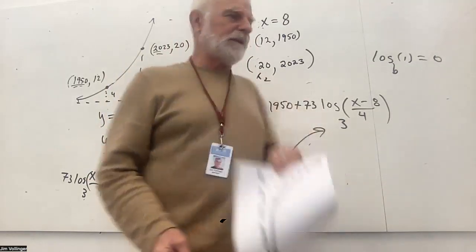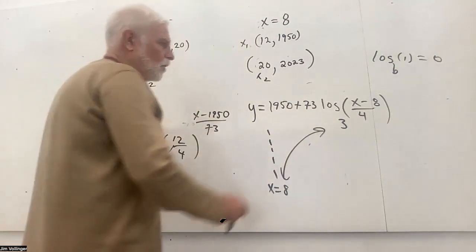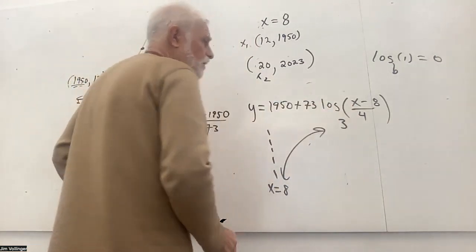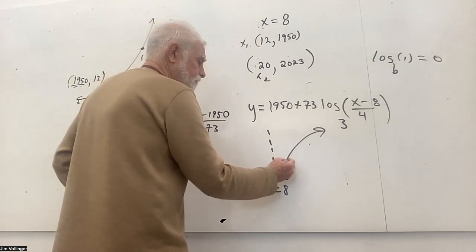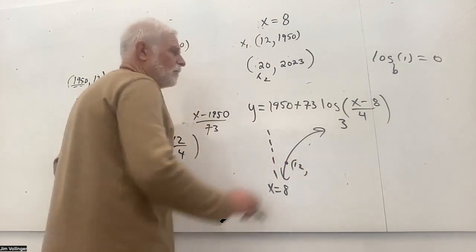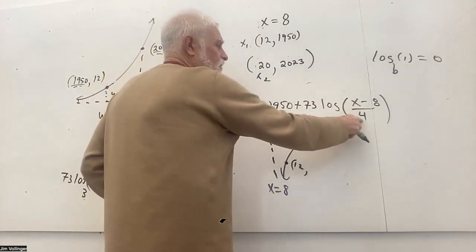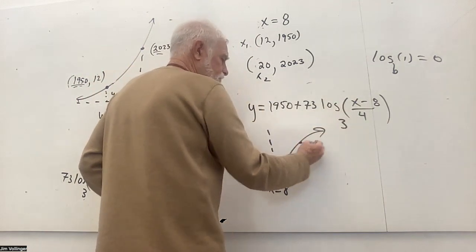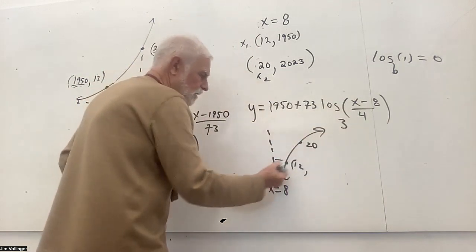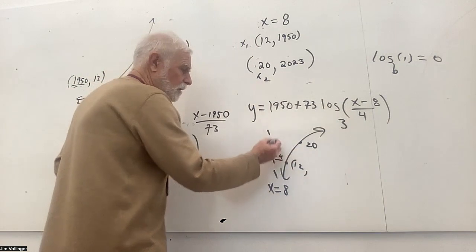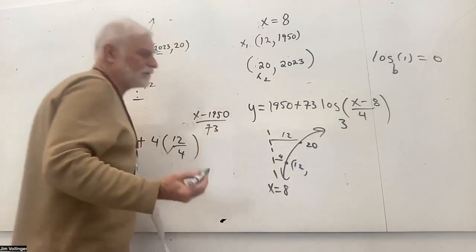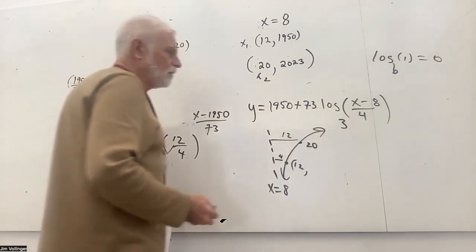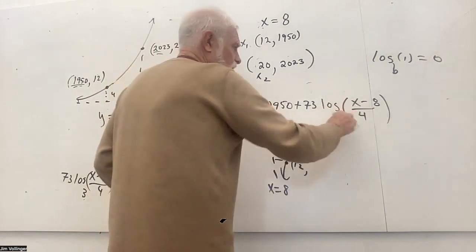Switching the x's and the y's, getting us this graph where I can see what makes a 1 here, 12. What makes this 3? 3 times 4, 12 plus 8, 20. Right, so that's really a change of 4 and a change of 12 from a graphical standpoint. And then if you drop in a 12, this becomes a 1.